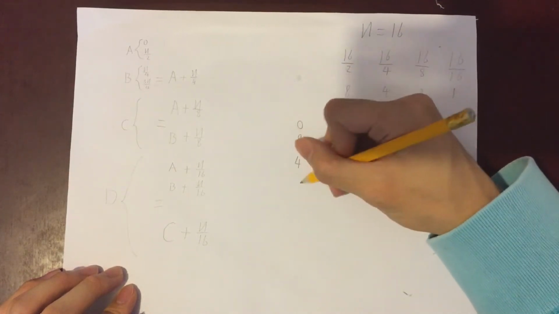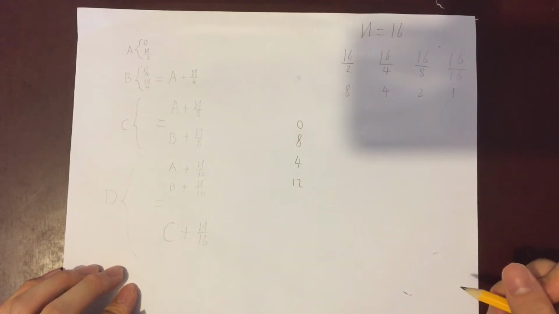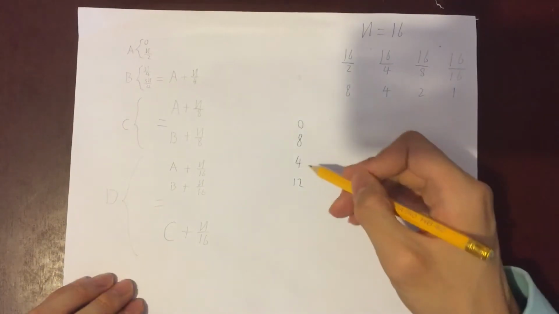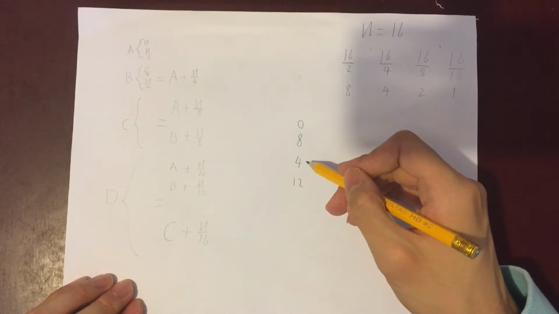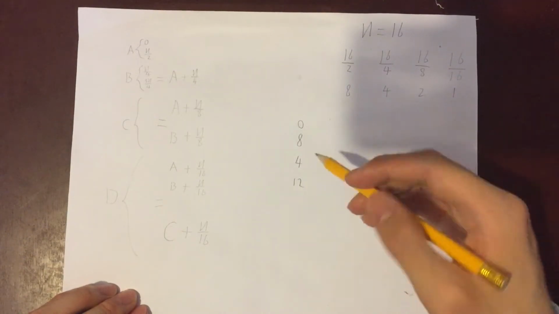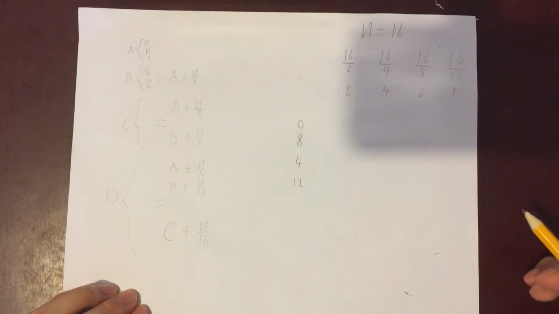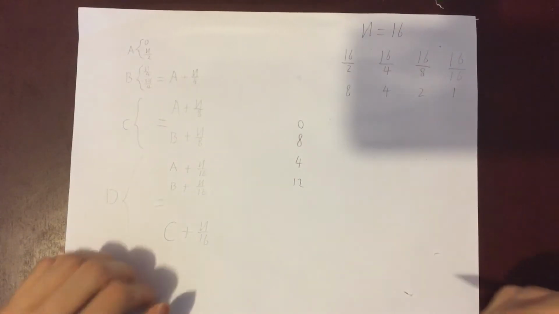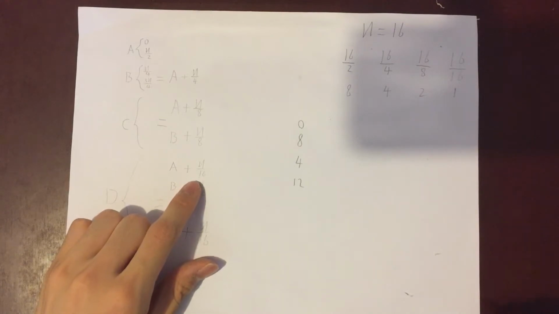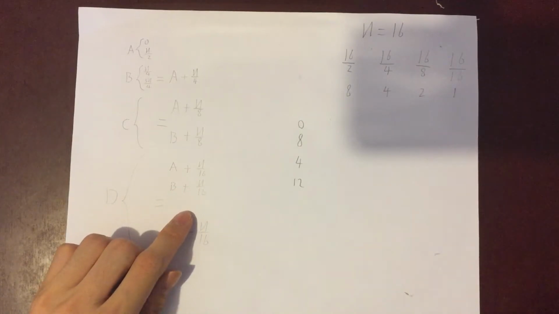Here, 4 and 12. And then we are going to find the bigger neighbor group of this group. The bigger neighbor group of this group is still just this group itself added with something else. And it is capital N over 8, okay? It has to do with the twiddle factor.